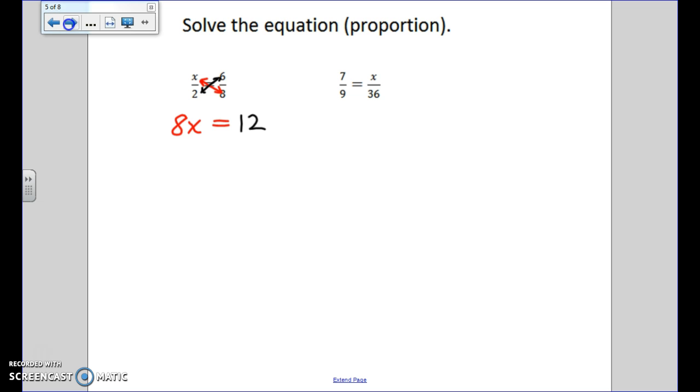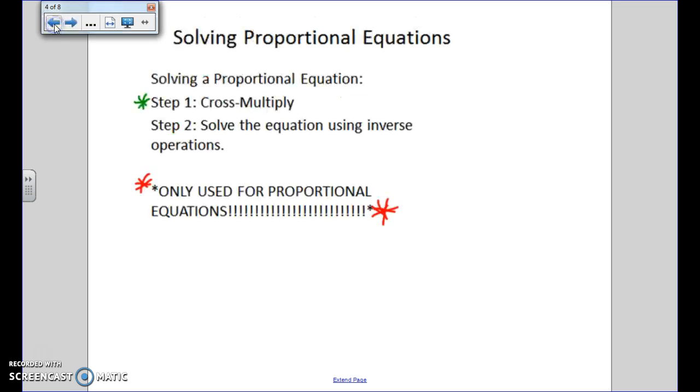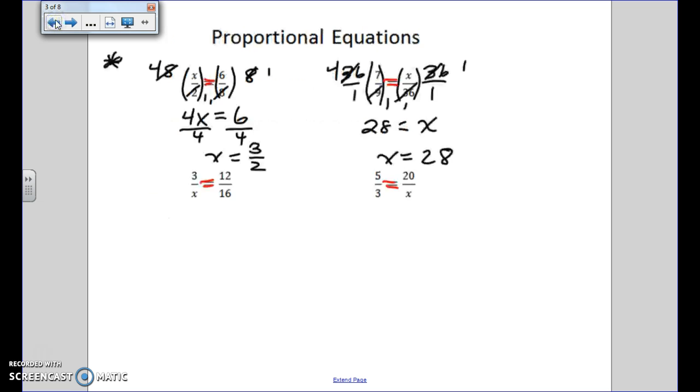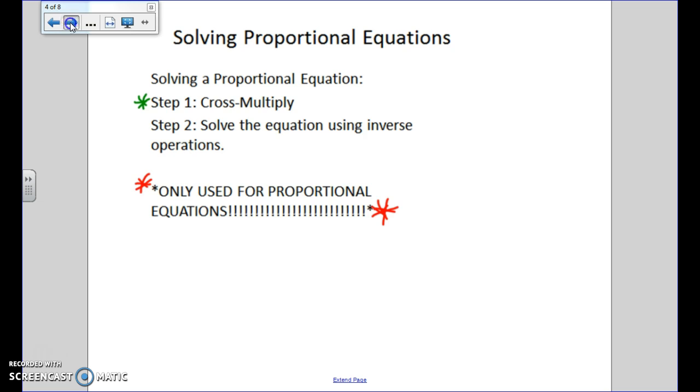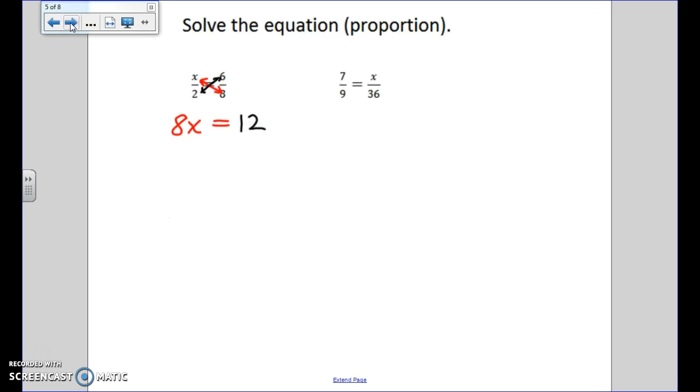And so what we actually get is 8x equals 12, which is almost the same exact thing that we got when we did it this way, 4x equals 6. It's the same equation except the numbers are a little bigger, 8x equals 12. And so now what I have is just a one-step equation that I can solve using inverse operations. The inverse of multiply is divide, so I'll divide both sides by 8 and reduce both sides.